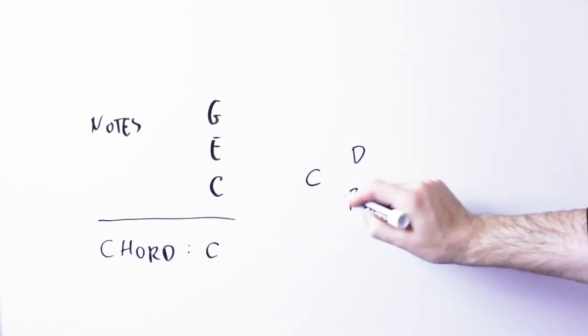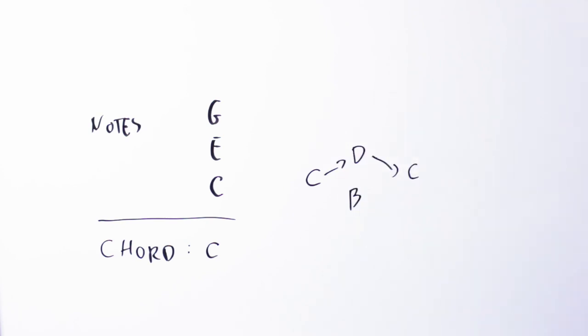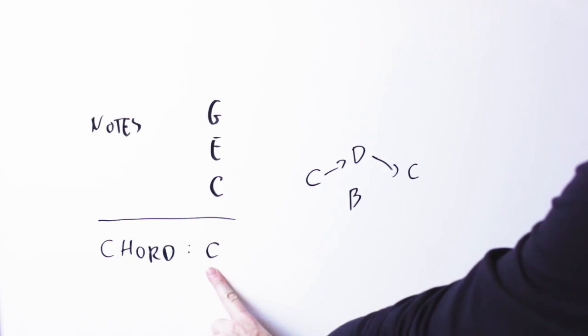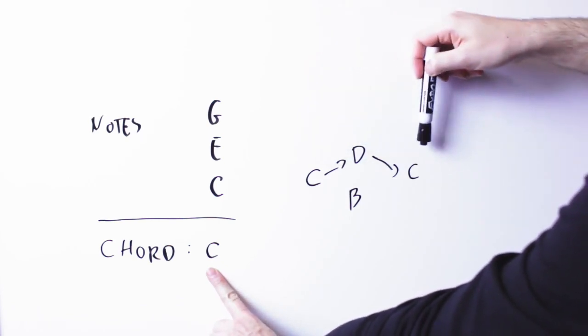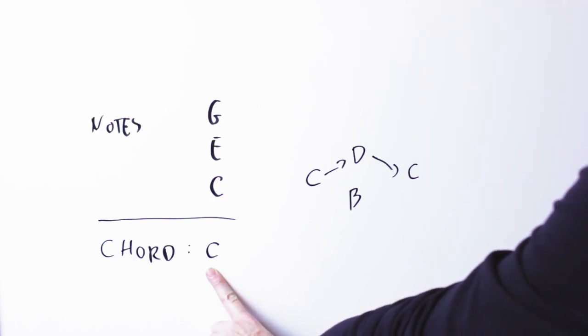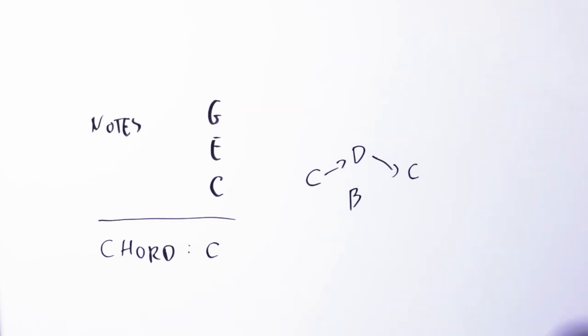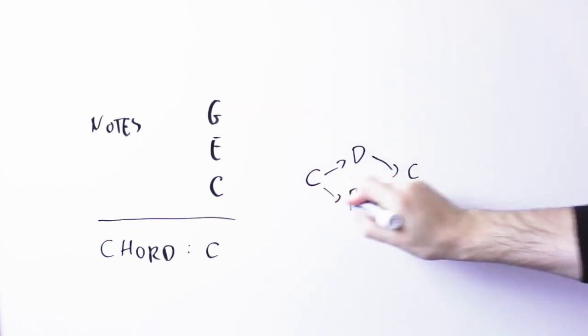I'm going to go up to a D, and then immediately going down again to a C. So over the C major chord, I'm going to play C, then D, then C. And this D is our neighbor note to C. Of course, I can also go down. I can go C, B, C.